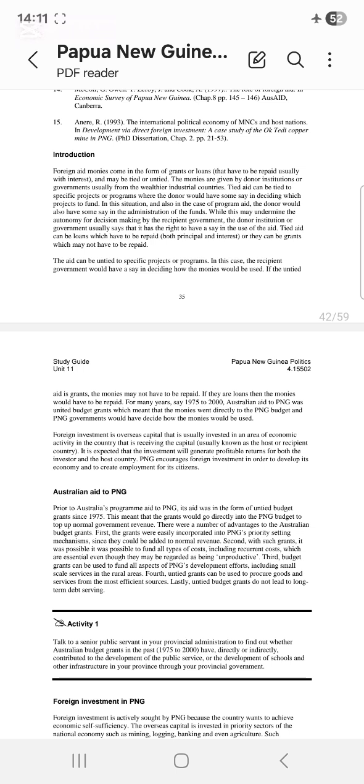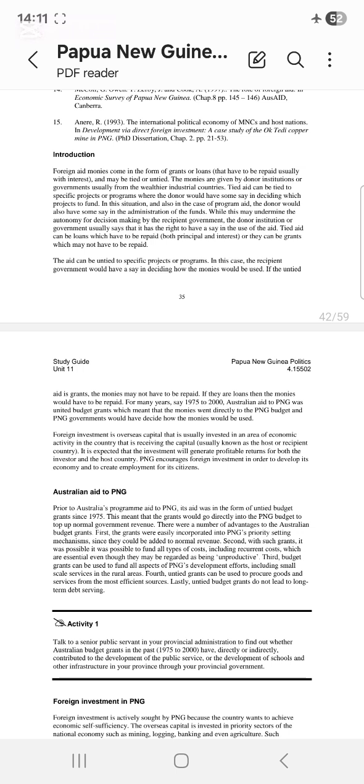An example would be the second sentence here: monies are given by donor institutions or governments, usually from the wealthier industrial countries. So most foreign aid is given by wealthier industrialized countries. The third sentence talks about the differentiation between tied and untied aid. If you read there, tied aid can be tied to specific projects or programs, where the donor would have some say in deciding which projects to fund.